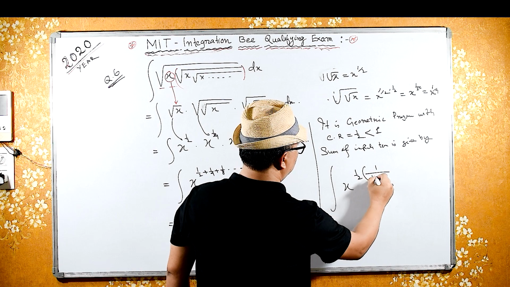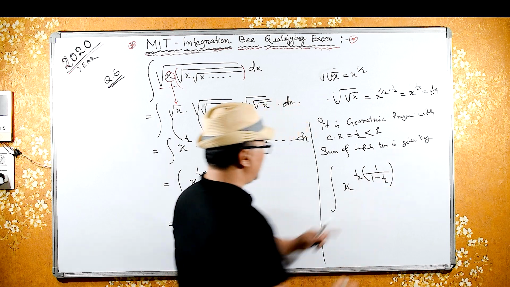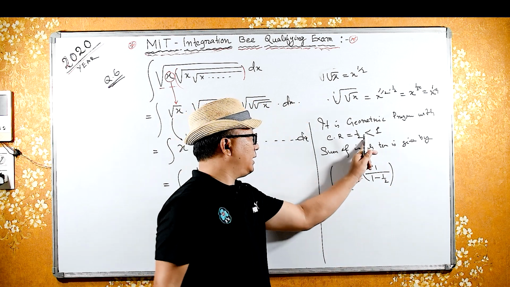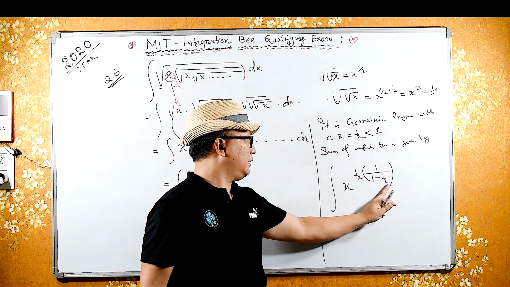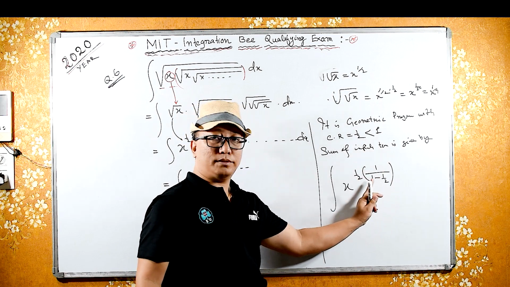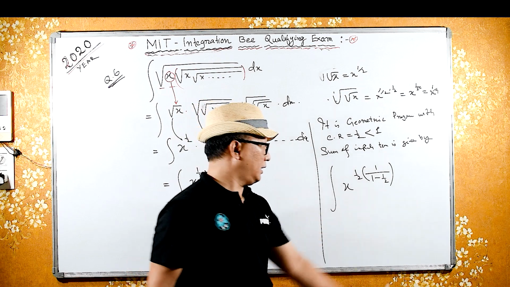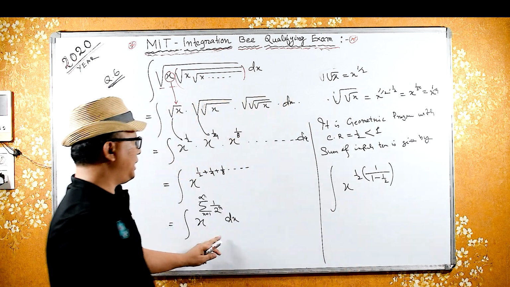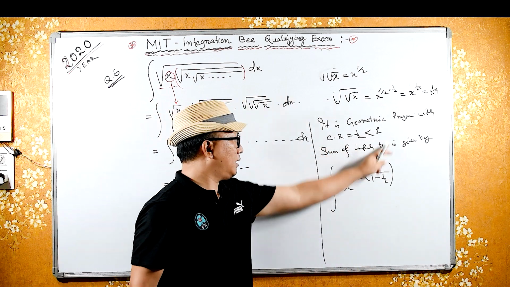Now you have to subtract the common ratio from 1. If the common ratio is greater than 1, then the common ratio should be subtracted, that is, minus 1. Since the common ratio is half, less than 1, this is the formula.